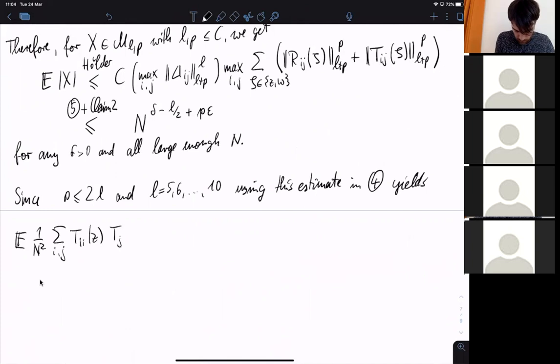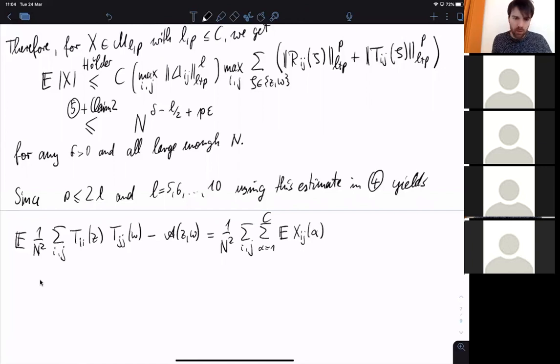So we have the ti's, tj's, and w minus a. These we could write as the sum over I and j, and we had the sum over alpha, this bounded sum, and then an expectation xij of alpha. Now we can plug in this estimate here, use that this sum is cancelled with this. This is anyway a finite sum which is independent of n. So the whole thing here is of order n to the minus 5/2 plus n to the epsilon plus delta.